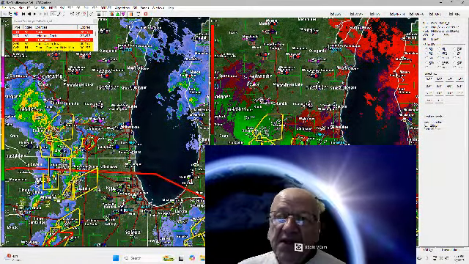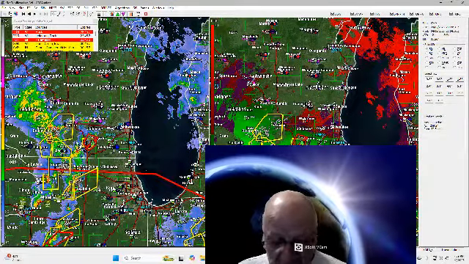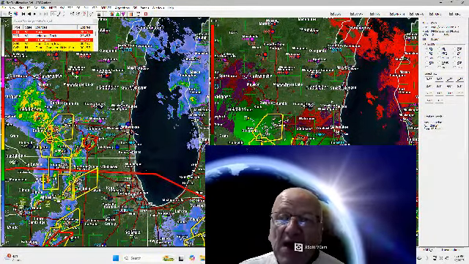So a lot of these storms, they're moving pretty fast. They're moving at a clip of about 45 to 50 miles an hour.